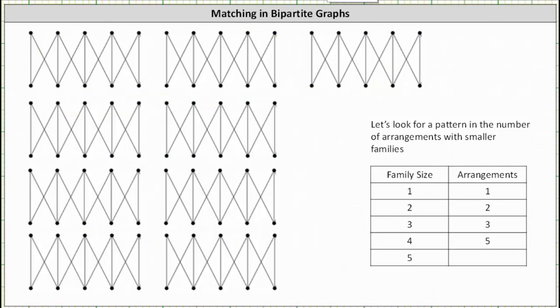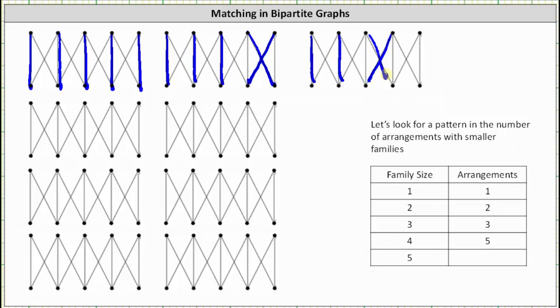Let's start with 5 i's. Next, let's use 3 i's and an x. And now let's move the x around. Let's use the arrangement of I, x, I. And now let's use I, x, I, I. And now let's move the x to the first position.